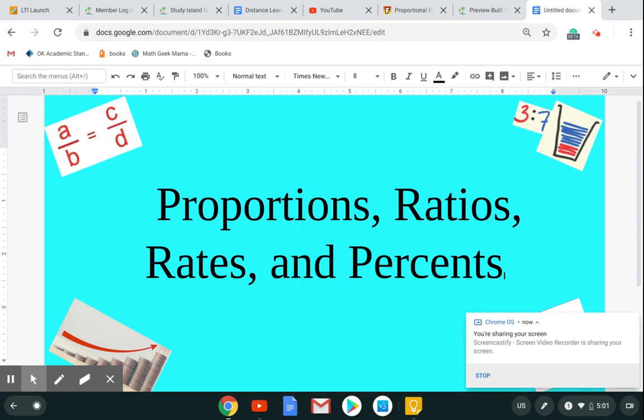So, our objective for this lesson is to evaluate proportions, ratios, rates, and percents to solve problems. The Oklahoma Academic Standards that this is connected to is 7A, 2, 2, 3, and 4.